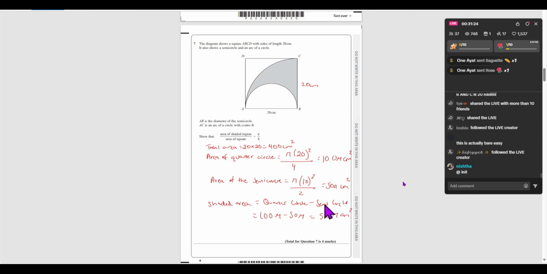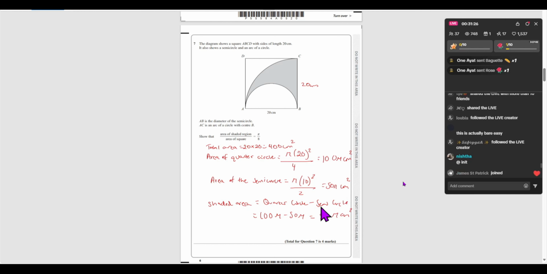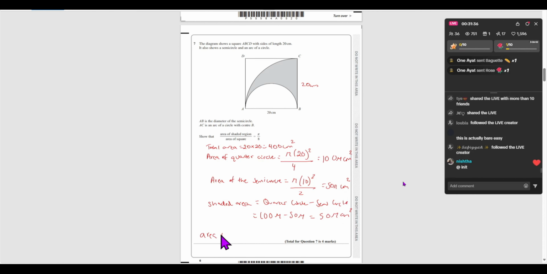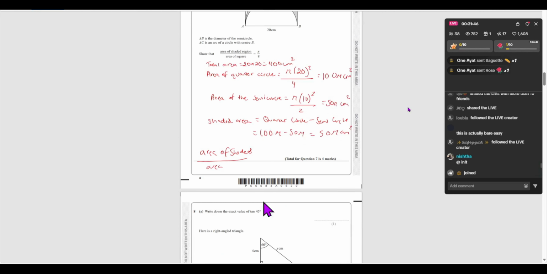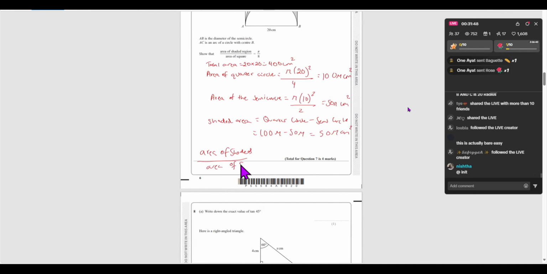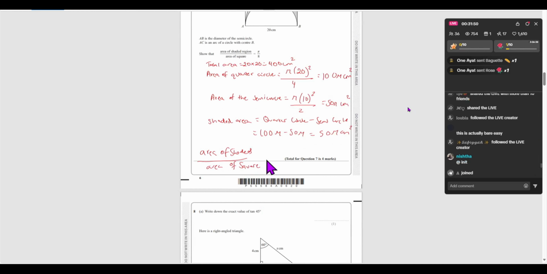Okay? Now, once we have done that, we need to prove this. The area of the shaded region is 50 pi, right? So the ratio is the area of the shaded region divided by the area of the square.